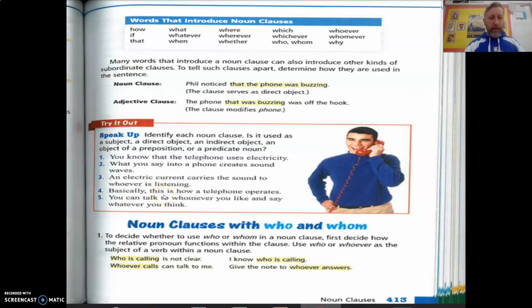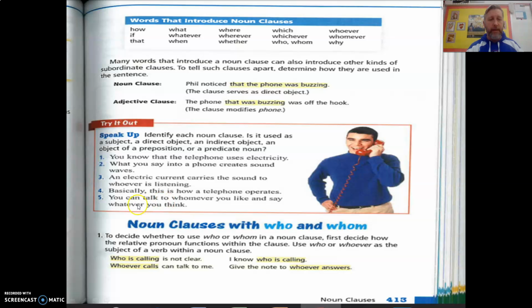Now I also see that there's a linking verb here, is. Remember what we said about linking verbs before, how they can link a noun or pronoun to the subject. In this particular case, how a telephone operates is a predicate noun, basically replacing the subject this.